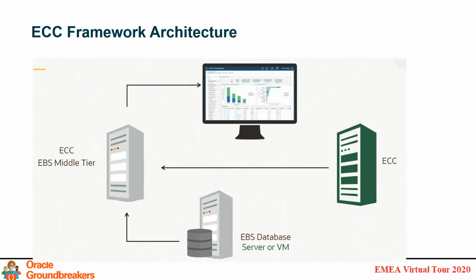The transactional data is coming from ERP, but it is similar to when you create a data warehousing tool. You create your extracts, but you have your own local database in the data warehousing tool. Here we are not going to have another database. This is in the ECC metadata.